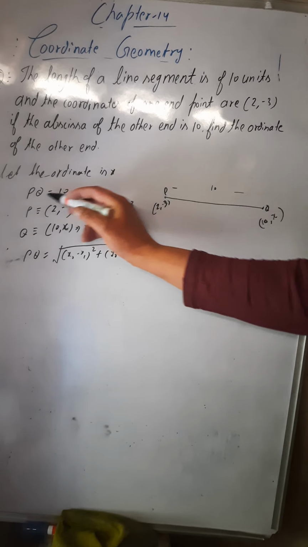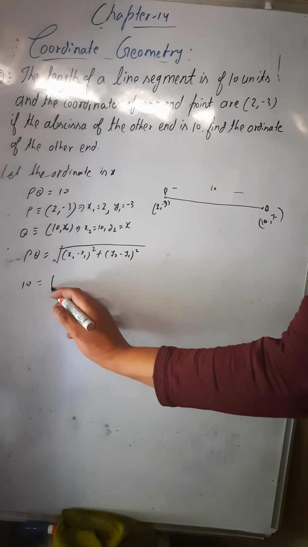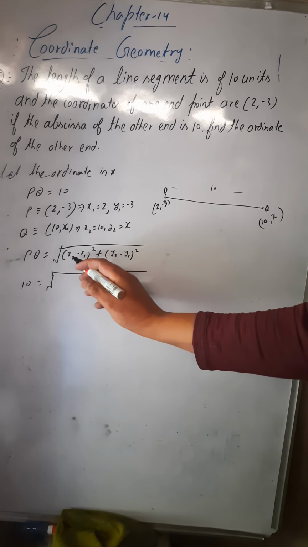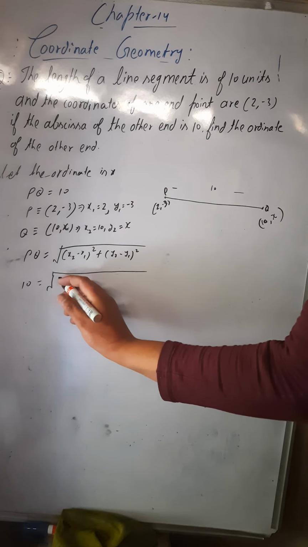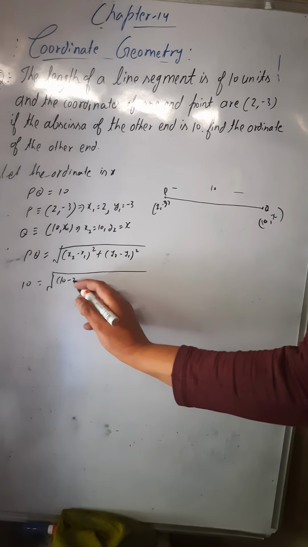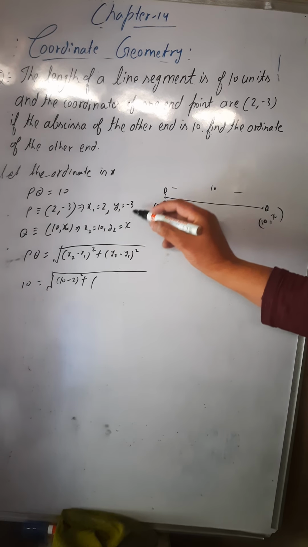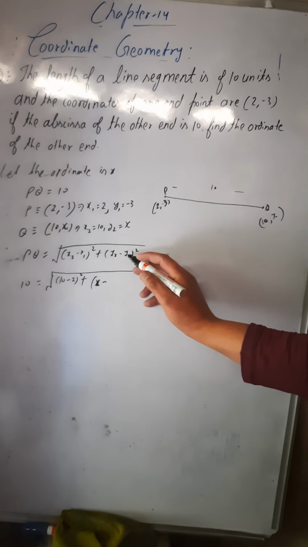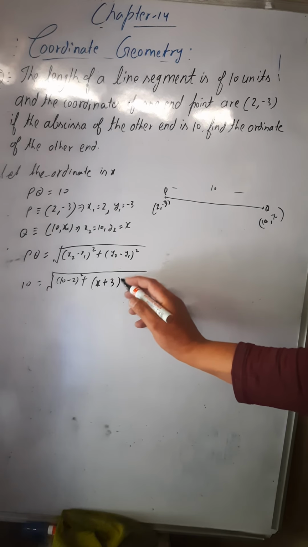PQ has been given here as 10 unit, which is equal to under root x2 minus x1. x2 is 10 and x1 is 2, means 10 minus 2 whole square, plus y2 minus y1. y2 is x and y1 is minus 3. So this minus will become plus, whole square.